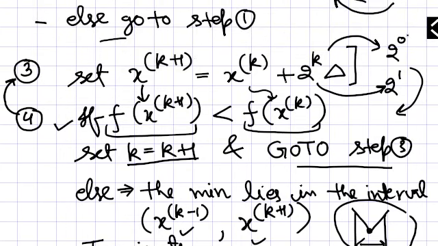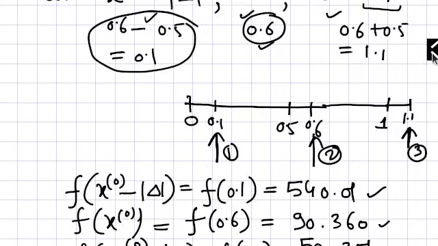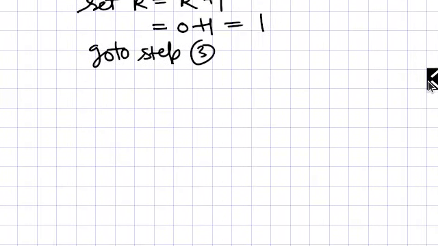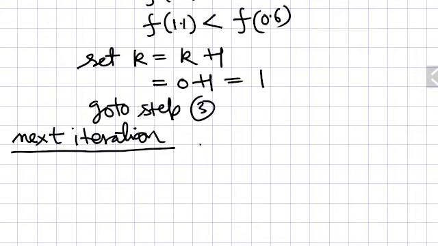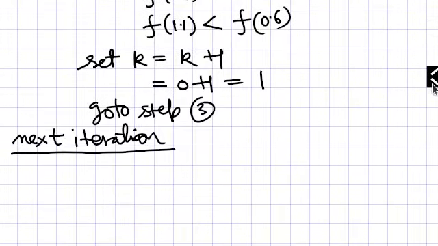Then again you have to set next values. So the next values will be, so I am writing here, next iteration actually is a part of step 4, and it is for k is equal to 1.